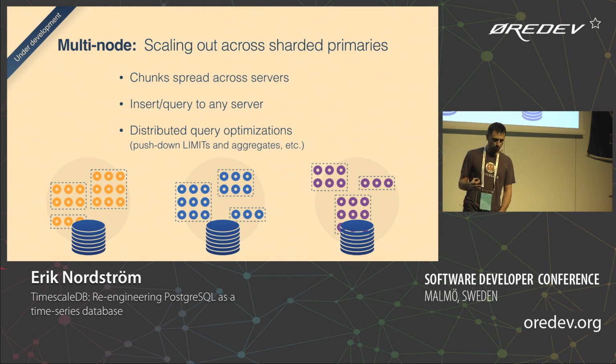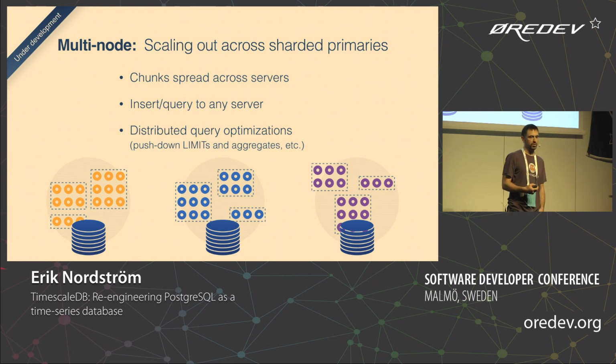And you can do a bunch of interesting query optimizations. You can do partial aggregates on each server, so you compute a partial average, you send the partial result to some kind of front-end query server where you compute the final result. And so you can distribute that workload across the cluster.